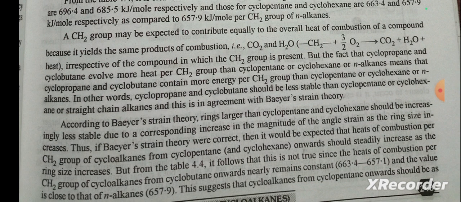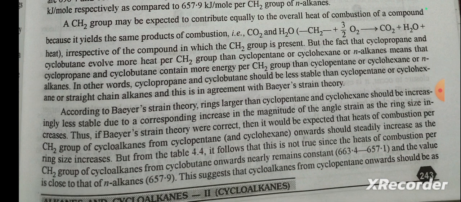CH2 plus 3/2 O2 gives CO2 plus H2O plus heat, in each of these compounds in which the CH2 group is present. But the fact that cyclopropane and cyclobutane evolve more heat per CH2 group than cyclopentane, cyclohexane or an alkane means that cyclopropane and cyclobutane contain more energy per CH2 group.